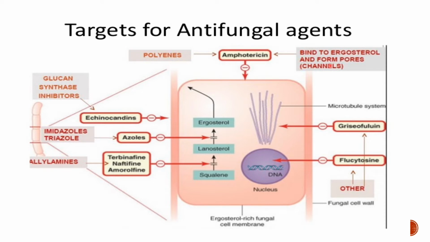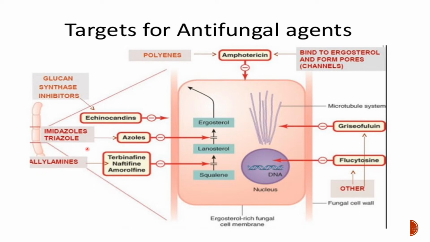It binds to ergosterol and forms pores or channels. We have griseofulvin that acts on the microtubule system of the fungi, and flucytosine that acts on the DNA. We have also, on the other hand, the azoles and the allylamines.